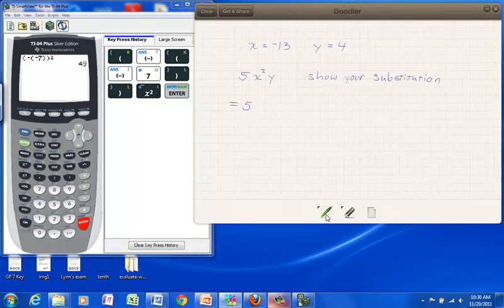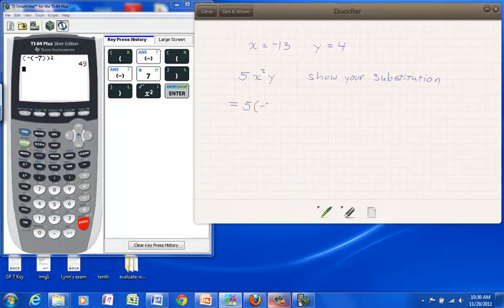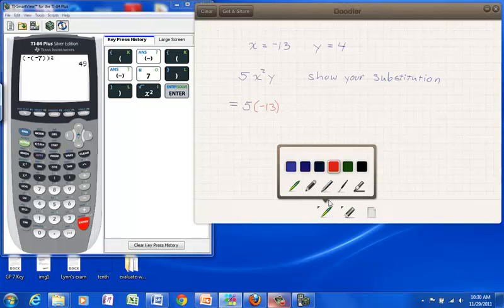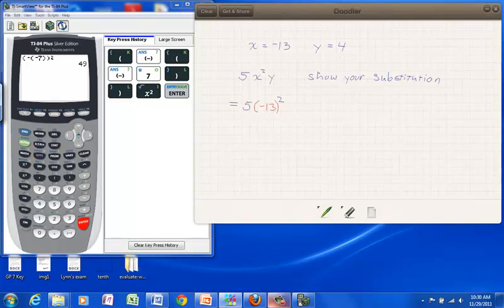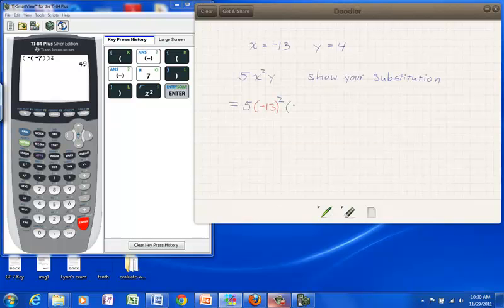All right, so when substituting negative 13, we want to put that in parentheses. Now, when substituting a positive 4, you don't have to use parentheses. If you want to, you can. So we'll put y in over here as 4. All right, so let's evaluate that.